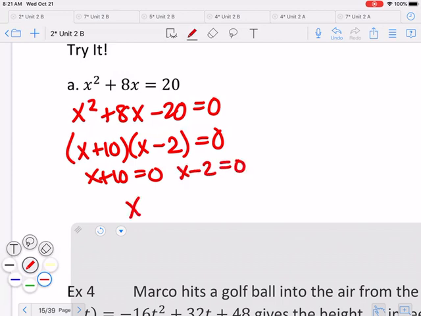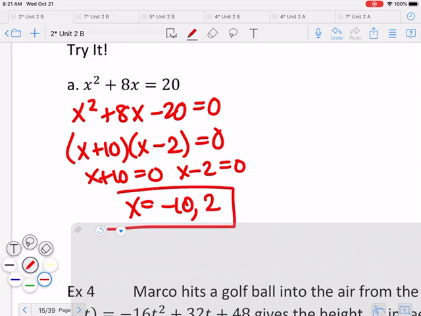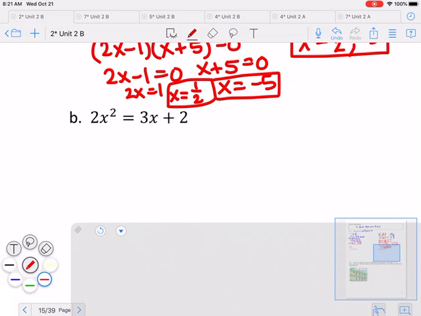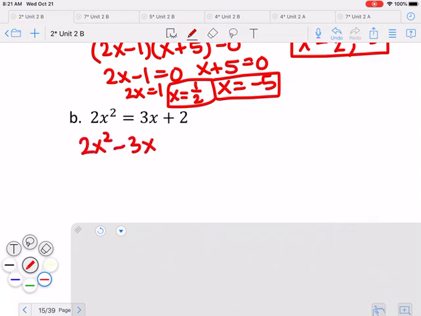And solve each equation, -10 and +2. And for this one, everything on one side: 2x squared minus 3x minus 2. And AC, 2 times -2 is -4, so I need two numbers that multiply to -4 that add to -3.